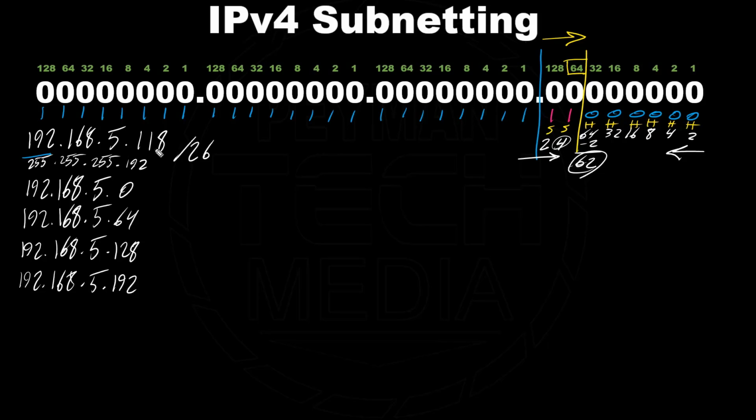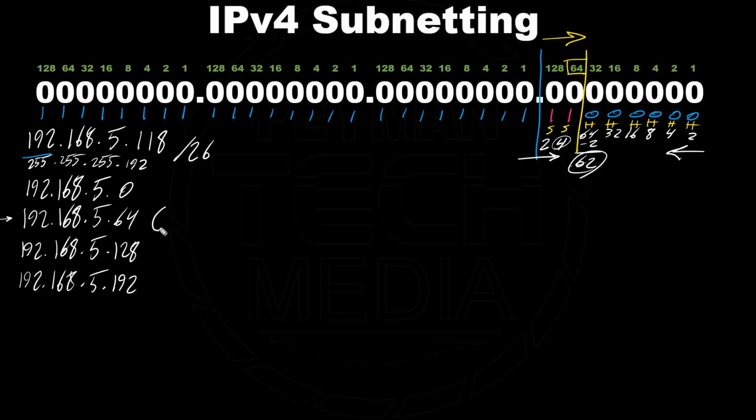Looking at 118, the last octet, you see we were incrementing on the last octet, right? So we have to pay attention here to the last octet and see which one this number falls into. This subnet is 0 and the next one is 64. So 118, it's not in this one. 64 to 128. So 118 falls in between 64 and 128. Therefore, it is in this one.